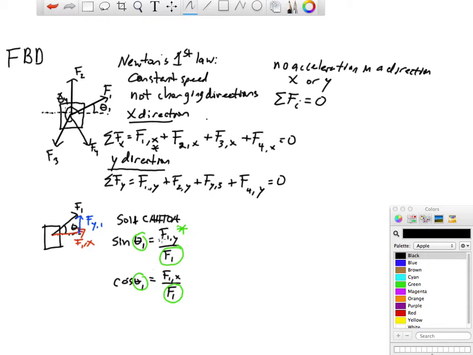Then you can do the same thing for the y component. You can bring the y component up here, plug that in here, and then do the same thing for force 2 and force 3, solve for the y component of force 4, and you will find that, okay, now I know the x component and the y component of my force, F4x and F4y.